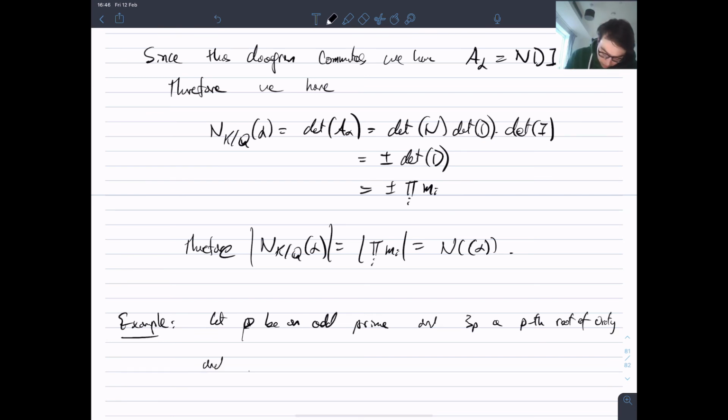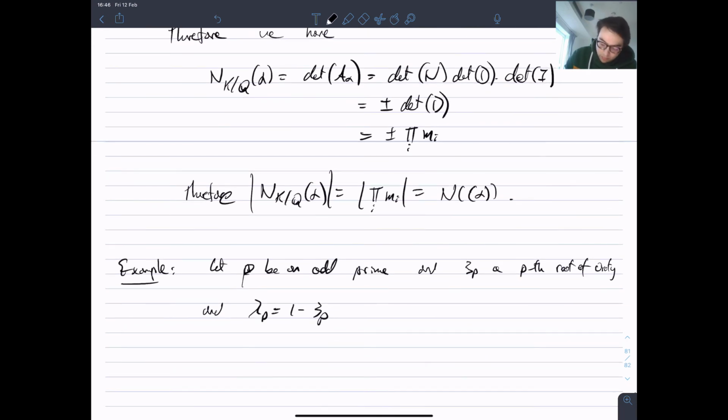And as we saw before, this lambda_p is going to be 1 minus zeta_p. I'm going to let K be my usual cyclotomic field, so K is Q(zeta_p). Then, from the proof, if you remember the proof of the theorem where we were calculating the ring of integers for these fields, I think this was theorem 2.3.2.